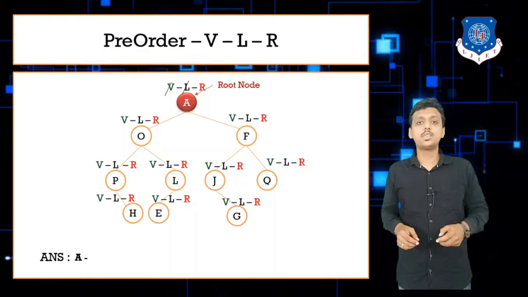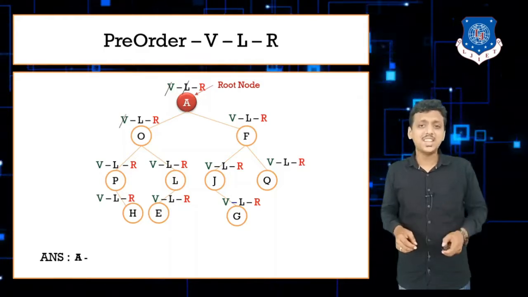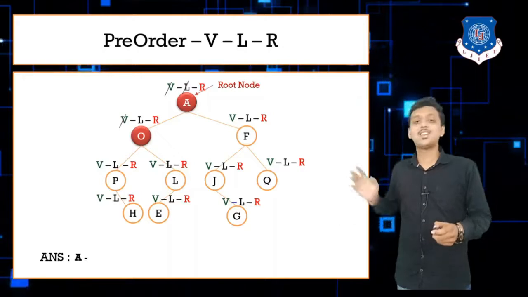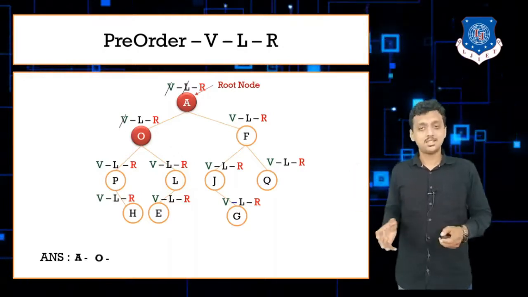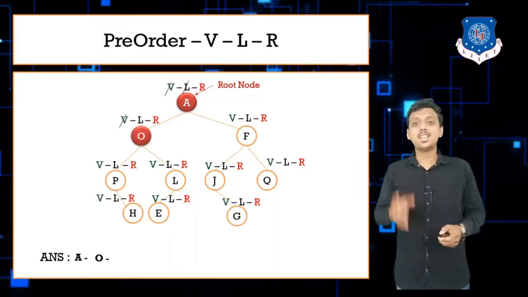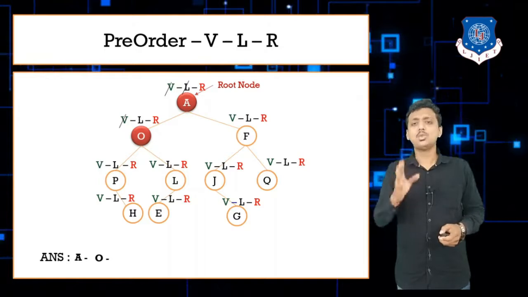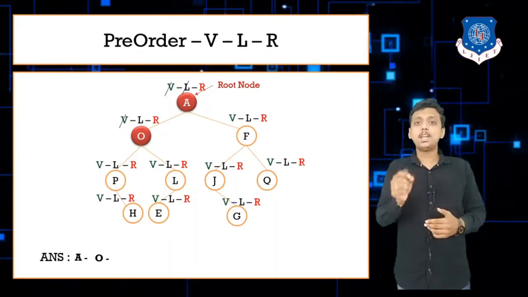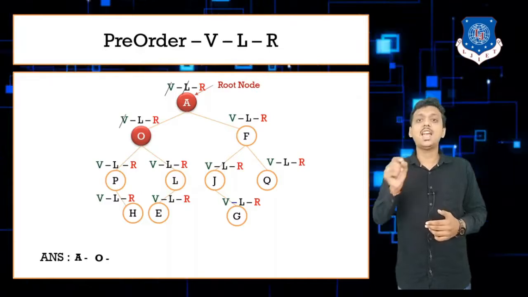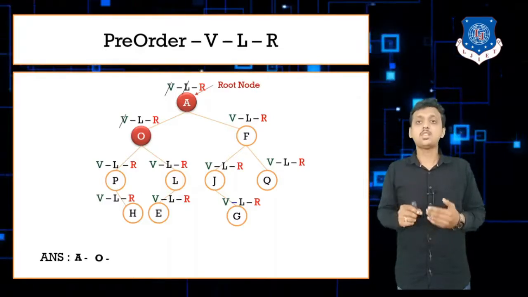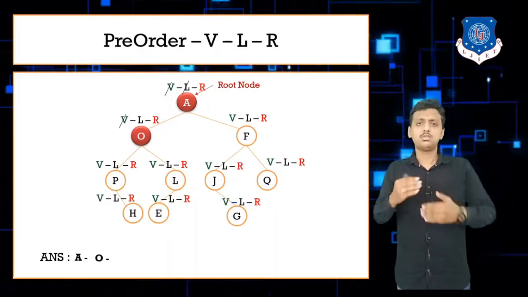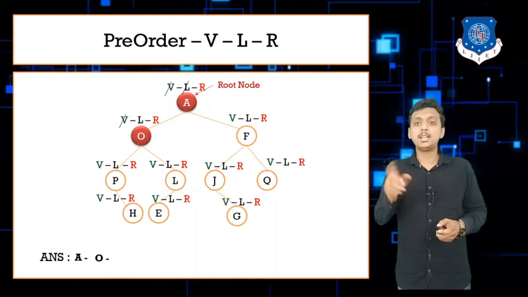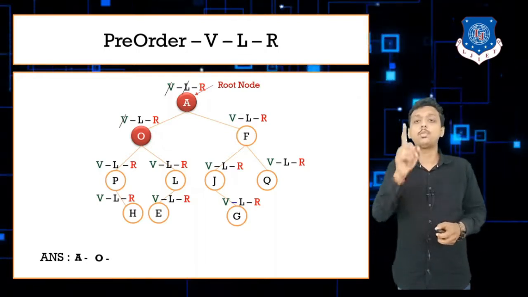So cut the V, visit O and write O in our answer bucket. Now the next is L, so we need to go to the left side of O. Before moving, make sure you cut L, because after coming back, or after some time, if you don't cut L you might forget to perform that operation.